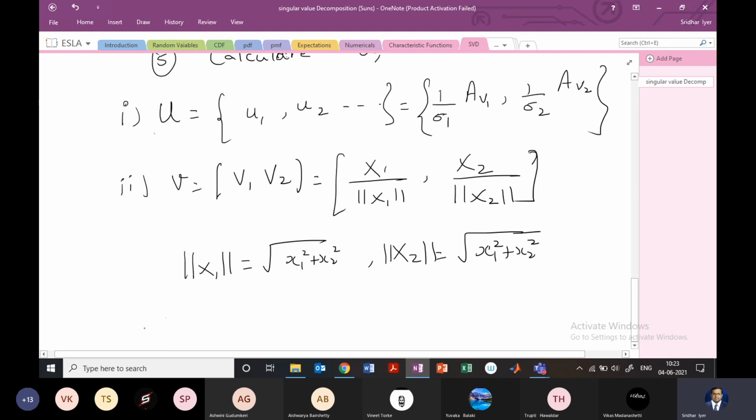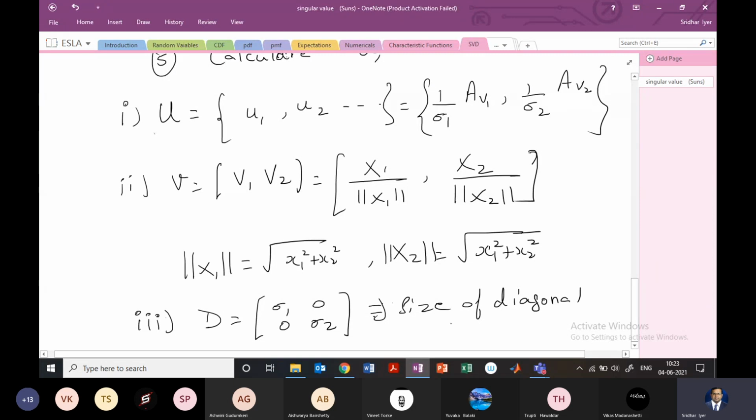Then the next part, that is the third part, is to find the diagonal. The diagonal will be of the form, as we have already discussed, sigma 1, 0, 0, sigma 2, right? And you must note here that the size of the diagonal matrix will be equal to the size of the given matrix.